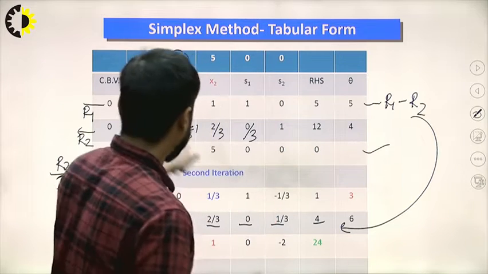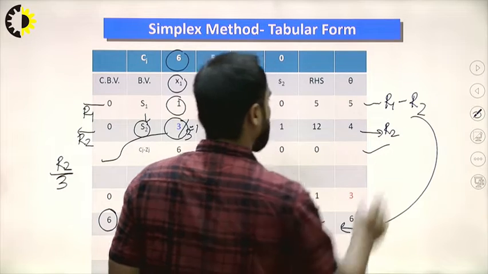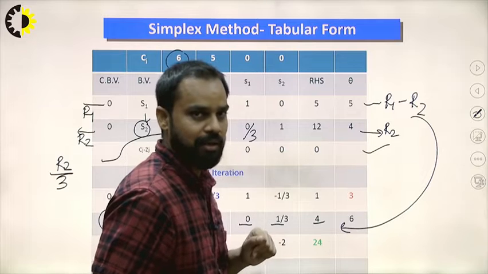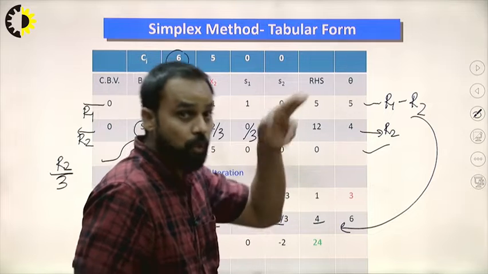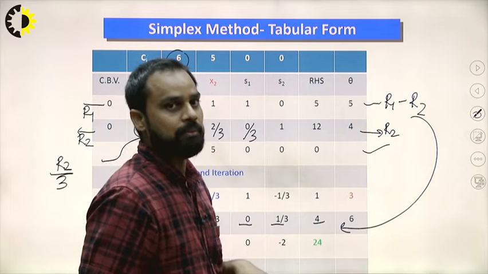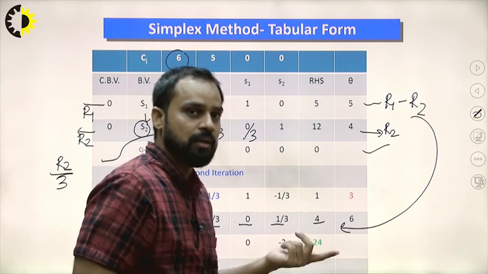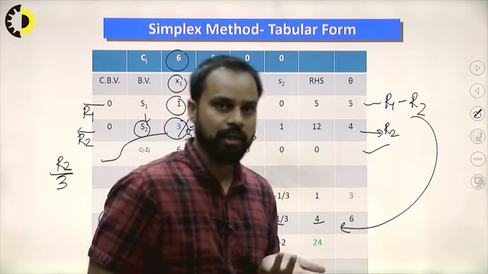Just like here, the pivot element row is R2. I will not apply R2 minus R1. I am writing R1 minus R2. Always apply the operation from a row other than the pivot element row, because it is a matrix property.